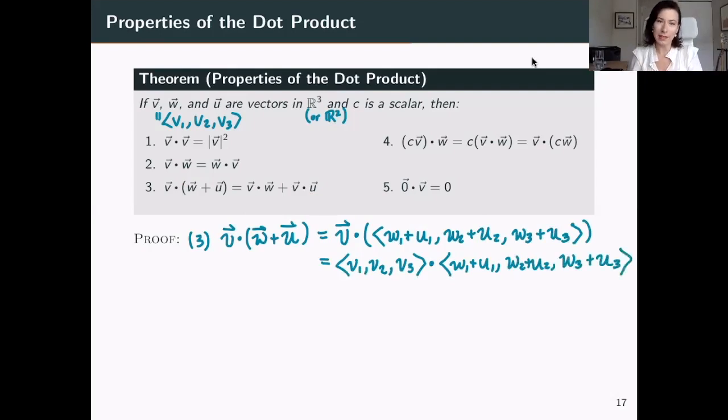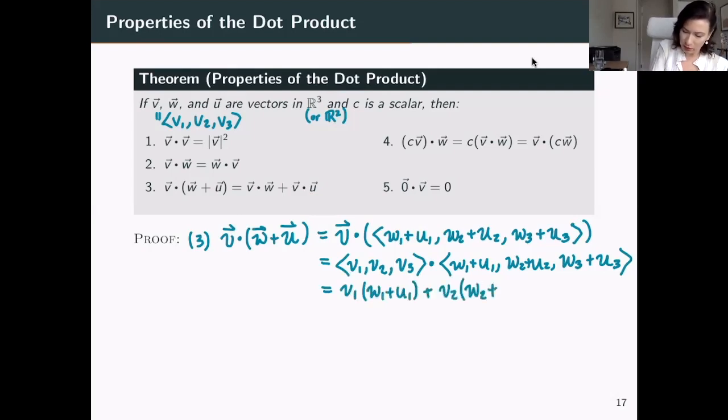Now we can apply the dot product. Using the definition, we have v1 times w1 plus u1 plus v2 times w2 plus u2. What we're doing is we are multiplying the components in each individual piece. Lastly, v3 times w3 plus u3.